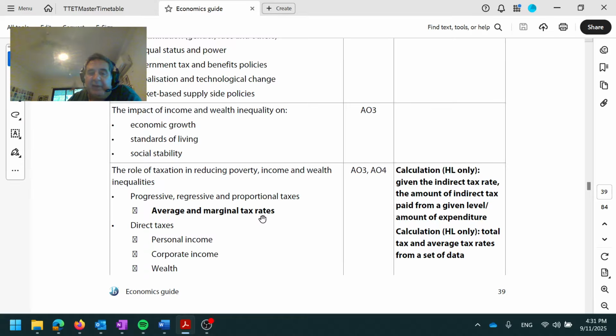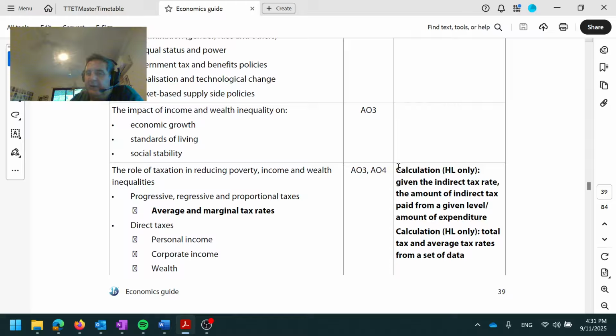Average and marginal tax rates, you may be asked to calculate that on paper 3. Given the indirect tax rate, the amount of indirect tax paid from a given amount of expenditure, calculation HL only, total tax and average tax rates from a set of data. The first few years, both May and November sessions had those calculations.